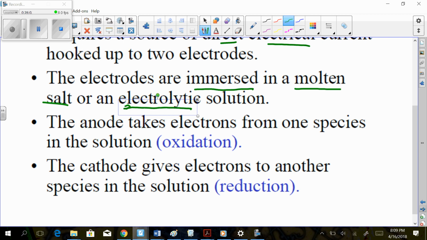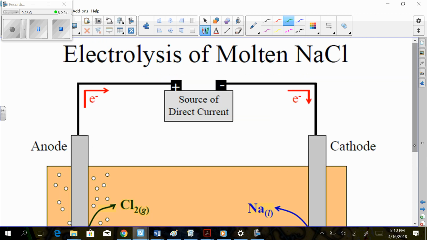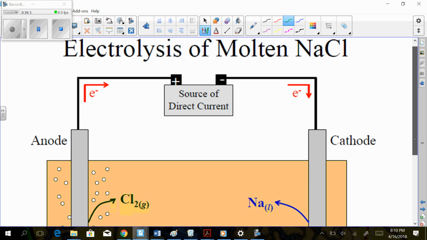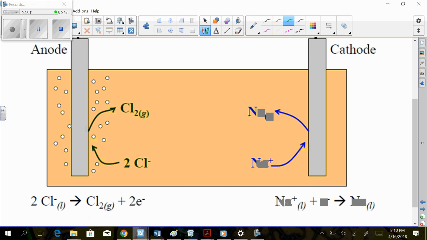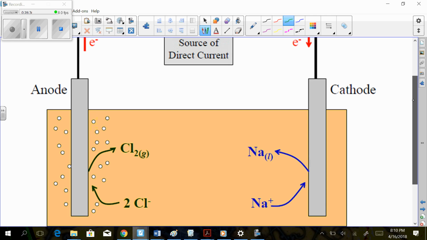So let's look at an example, a picture of electrolysis. Here we have plain old sodium chloride or table salt. If you have a large container and get it really, really hot, you can melt sodium chloride. If you do that, these ions are mobile and they will go to the two electrodes.